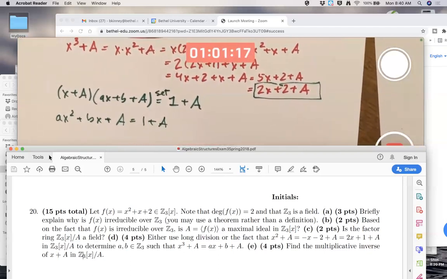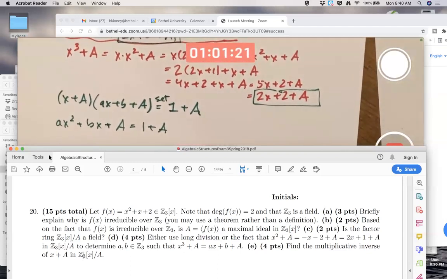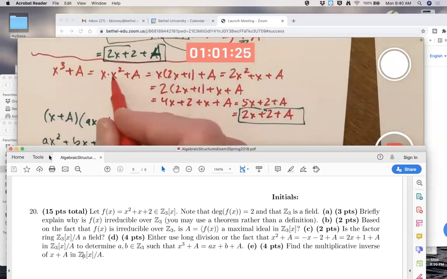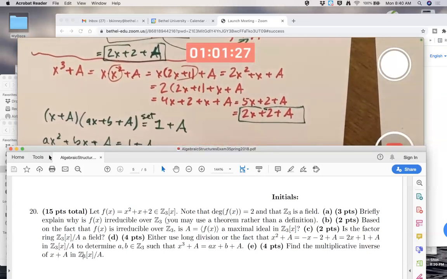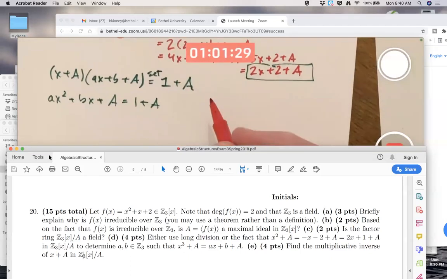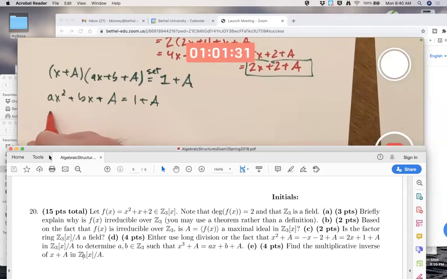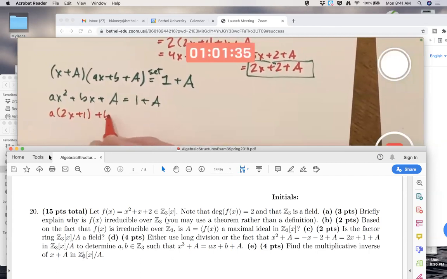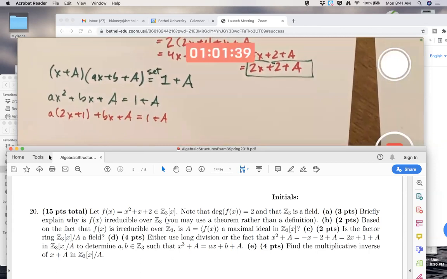Trying to solve for a and b. As before, use the fact that x squared can be replaced with 2x plus 1. x squared can be replaced with 2x plus 1. Group together the like terms.